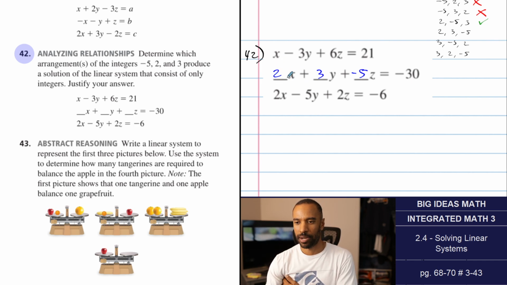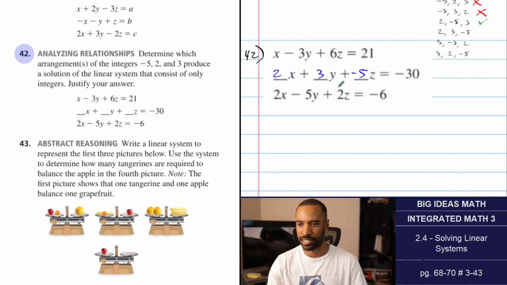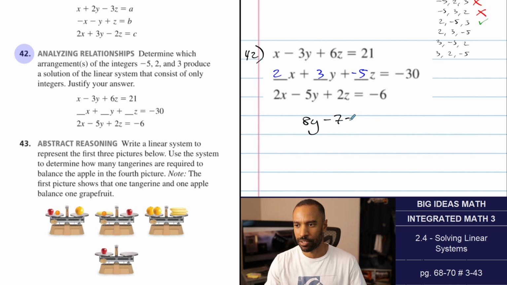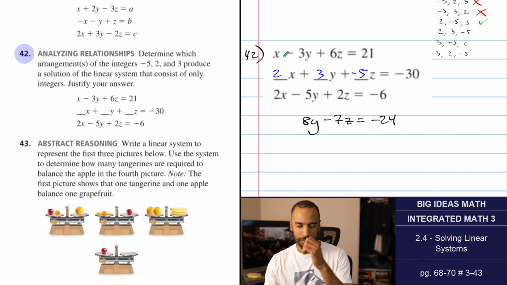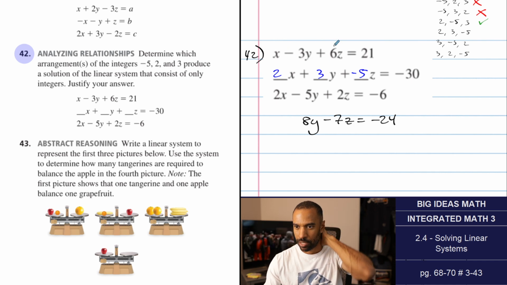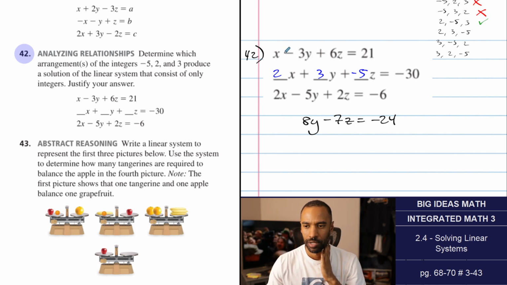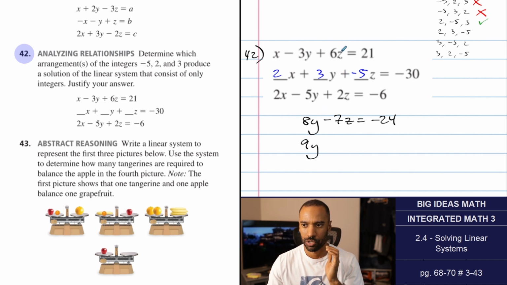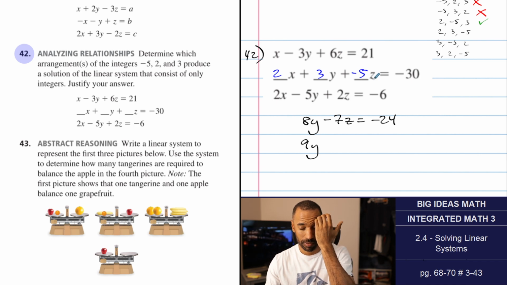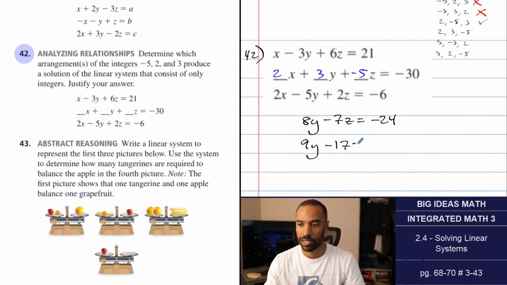Okay, x's can eliminate a lot more easily here. Let's subtract down these lists. Normally I wouldn't, but I'm going to give it a shot. 8y minus 7z, I'll probably make a mistake, equals negative 24. And if I multiply this top one by negative 2, I'll get eliminated, and then 9y, negative 2, negative 12z minus 5, negative 17z equals negative 72.